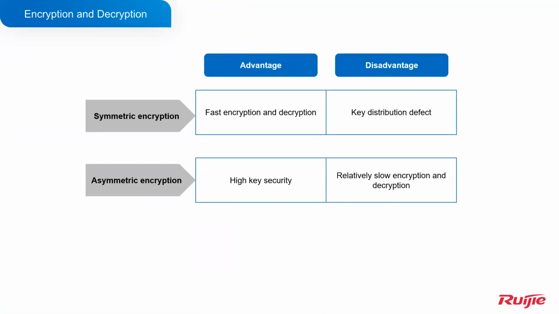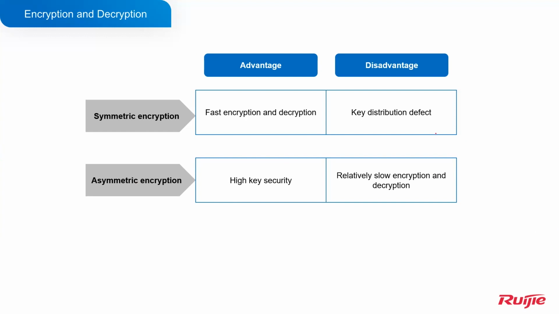And the next part, we talk about encryption. We have two types, symmetric and asymmetric, and they have different advantages and disadvantages. The symmetric one can provide faster encryption and decryption, but has a key distribution defect.